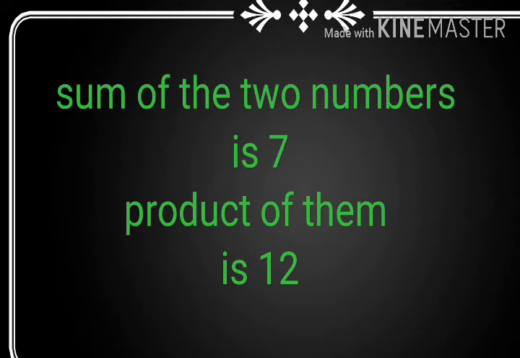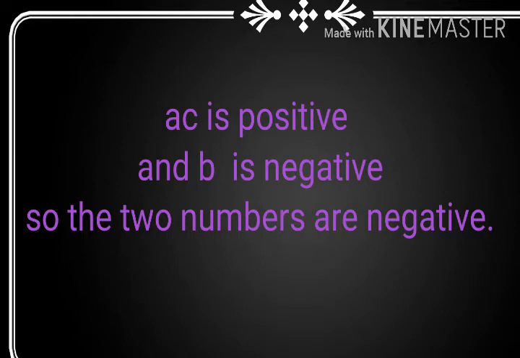So here in this question, AC, that is 12 into 1 equal 12, is a positive number. So we can understand that the magnitude of B is the sum of the two numbers. Then what is the symbol of B? It is negative. That means the two numbers have a negative symbol. Here the last term is positive and the middle term is negative, means A into C is positive and B is negative.